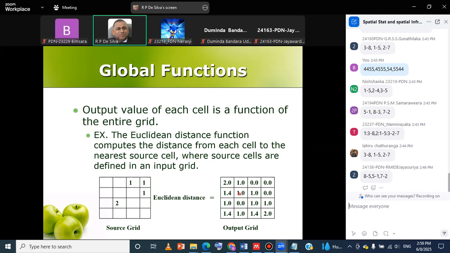Okay? Now, if you take this particular cell, to reach here you go across and your distance is square root of 2. So 1.4 is square root of 2. Did you understand it, or do you have any doubts about the global function?